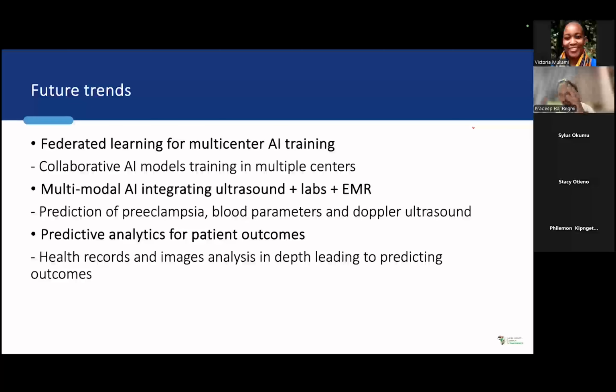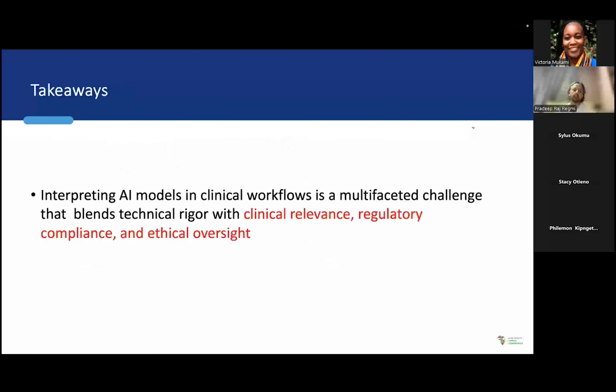So health records, like I said, with a proper EMR or hospital IT system, we can analyze these health records and image analysis in depth, leading to better prediction of outcomes from the AI model's interpretation. So this can be the future trend as well.